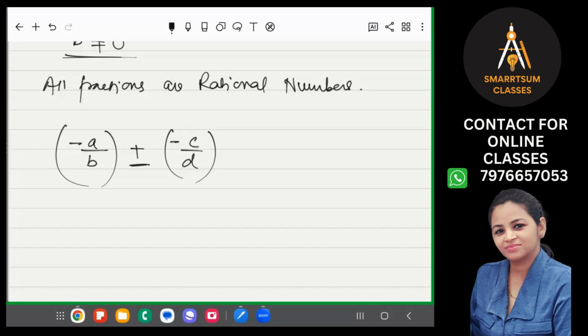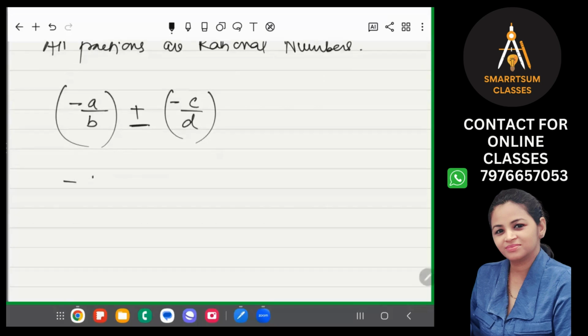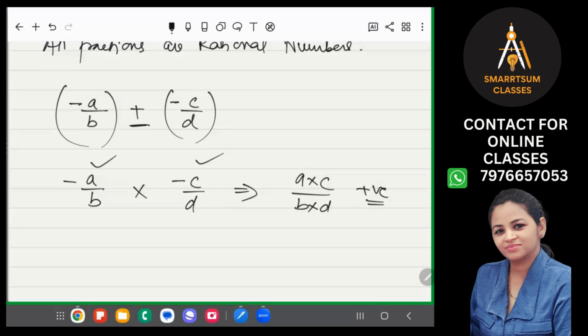So we will be doing some questions based on it, okay? And when you are multiplying them, suppose you are multiplying minus A upon B with minus C upon D, then your result will be A into C upon B into D, and this is a positive rational number, right? Why? Because both rational numbers are negative. So whenever you are multiplying two negative rational numbers, your result will be positive.